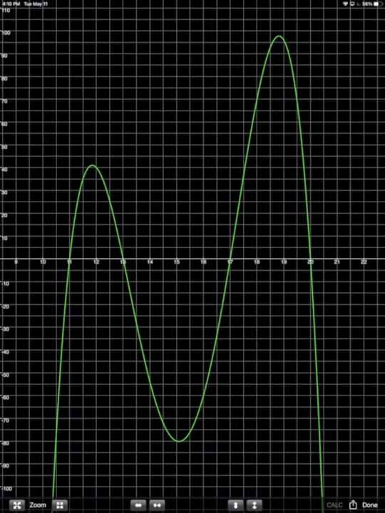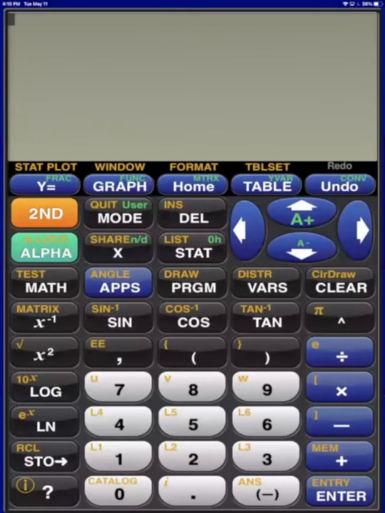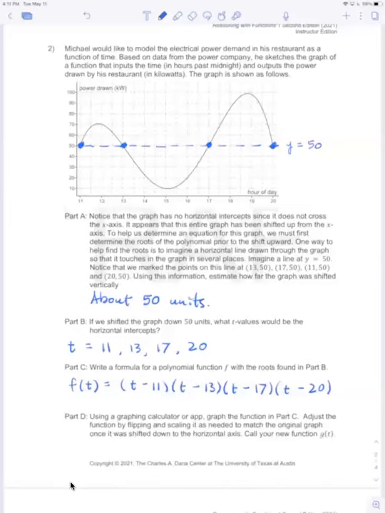Let's see what we could do. If we scale this, why don't we try scaling by, let's see. Okay, so the graph on the calculator is too large. So let's do this.